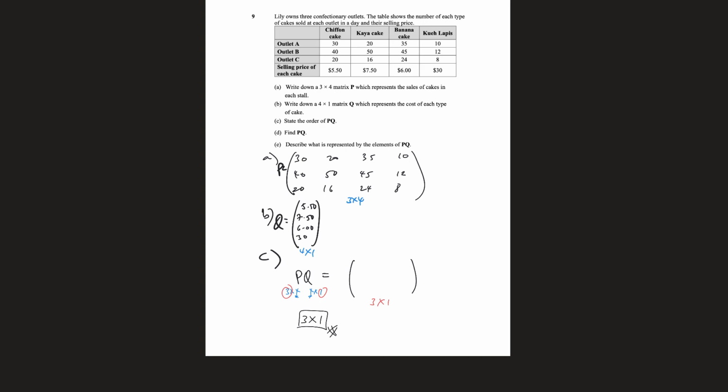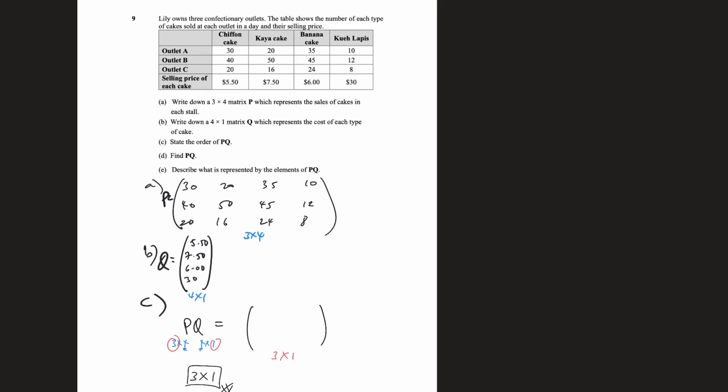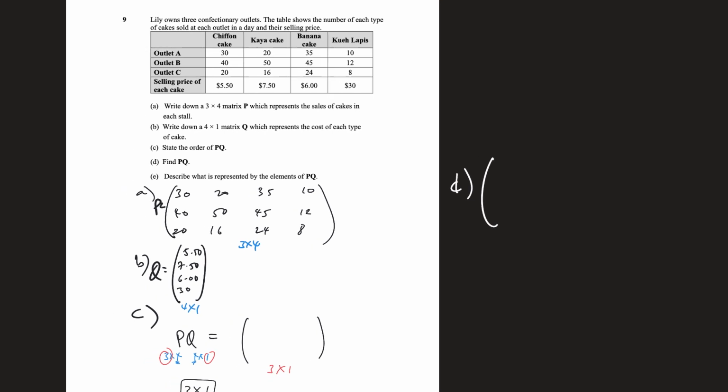Alright, now they say find PQ, so that's quite a natural progression. I'm just going to do it aside over here. So PQ, let's just write it down. We have 30, 40, 20.